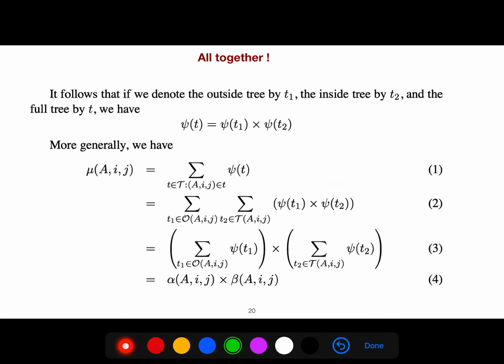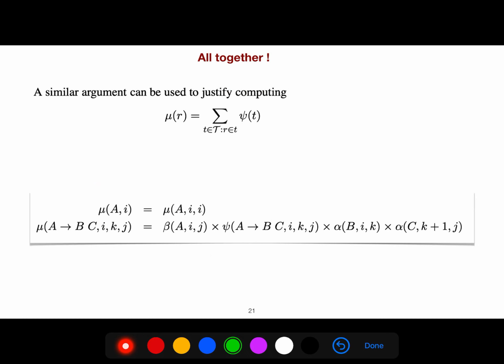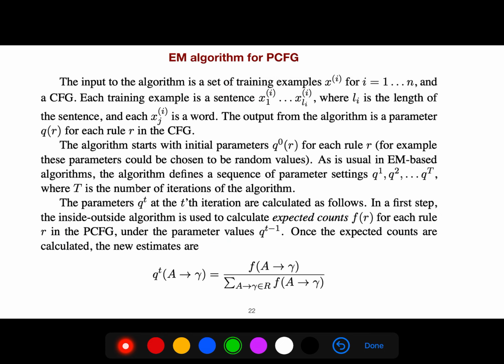And altogether, we can say that for any constituents I and J, the mu, which is the summation of potential over all trees that have this rule on them, is just a multiplication of your alpha and beta. So the mu is just alpha and beta. If you do it for just one rule, you can calculate it like that. But you also pay attention to the potential that is a constituent of that.